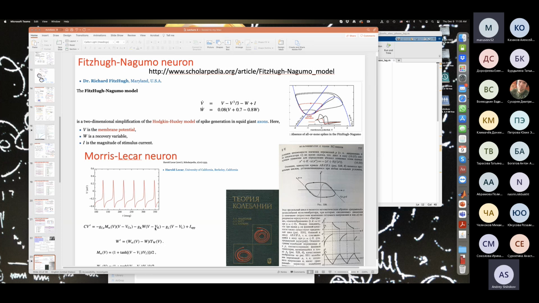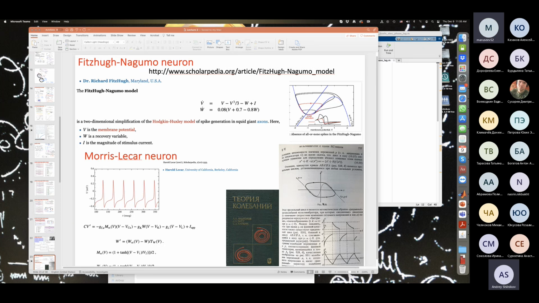It includes leak current and fast potassium and fast calcium currents that are in charge of generating this action potential. This is due to fast calcium uprising, this repolarization is due to fast potassium current, and this slope is due to the recovery variable.